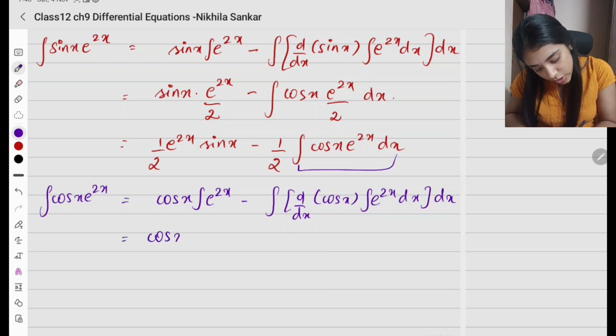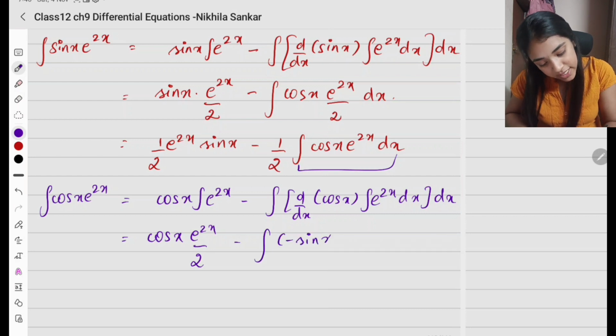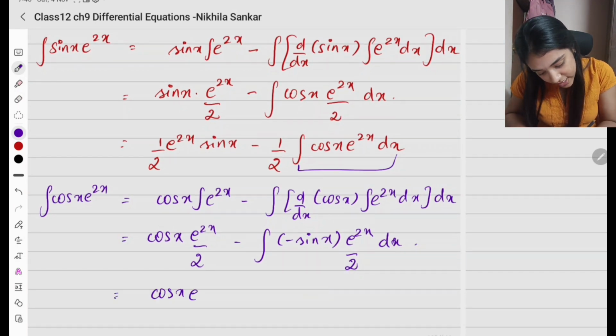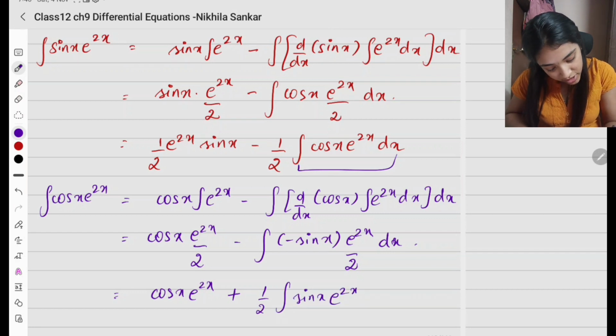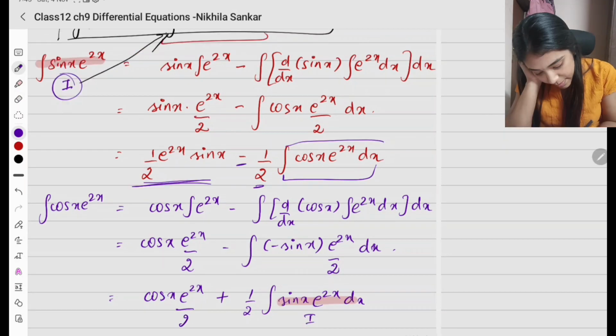So I have cos x times e to the 2x divided by 2 minus integration of minus sin x e to the 2x divided by 2 times dx. Okay, so this is going to be cos x e to the 2x divided by 2 plus half integration sin x e to the 2x dx. There is a by 2 here.